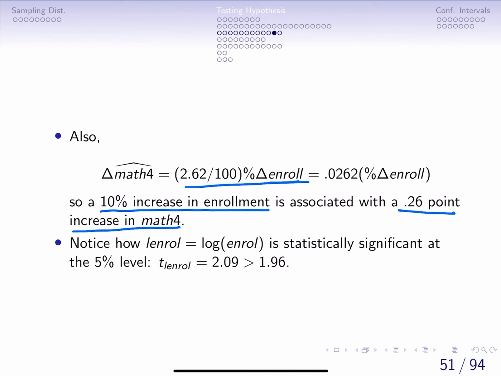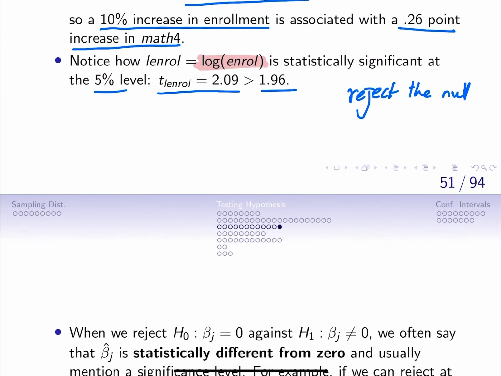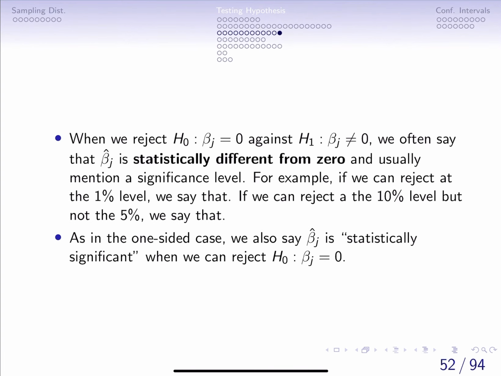Here we can say that the t statistic was 2.09, which is greater than 1.96, right? So at the 5% level, we can say that we reject the null in favor of the alternative when we change the functional form. So you actually see the difference when we use enrollment versus log enrollment, how our statistical inference changes.